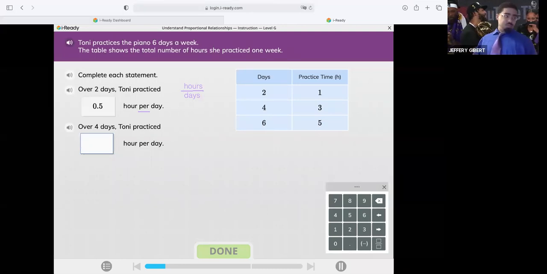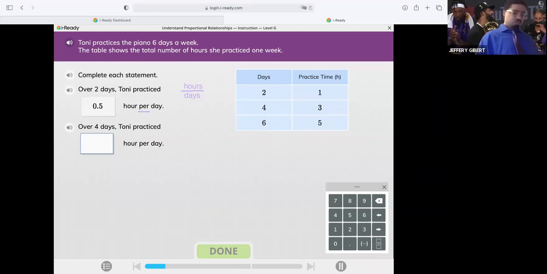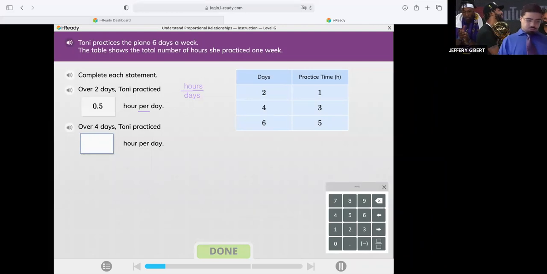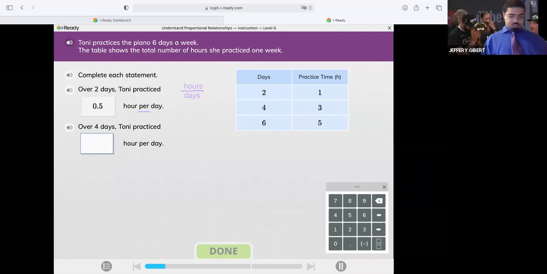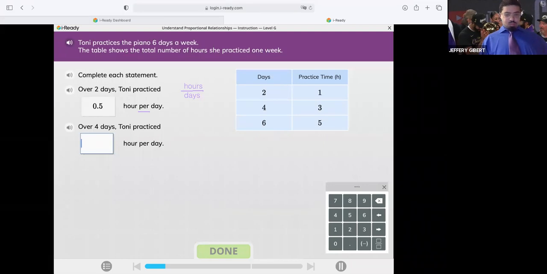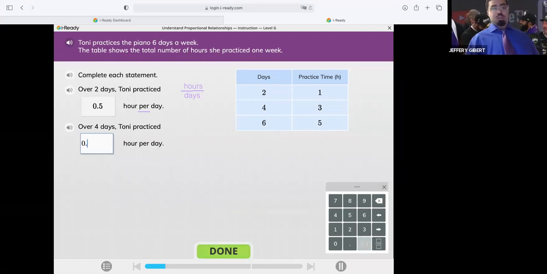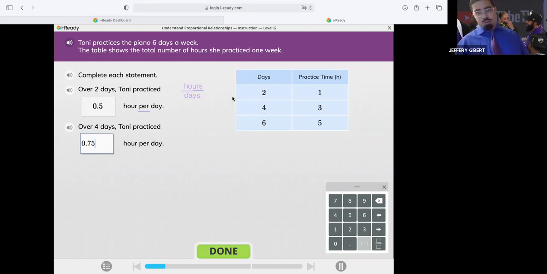I need to use my calculator. 0.75. Yes, that's correct. So for those that didn't hear, hours over days, 3 over 4. So 3 divided by 4 is 0.75.